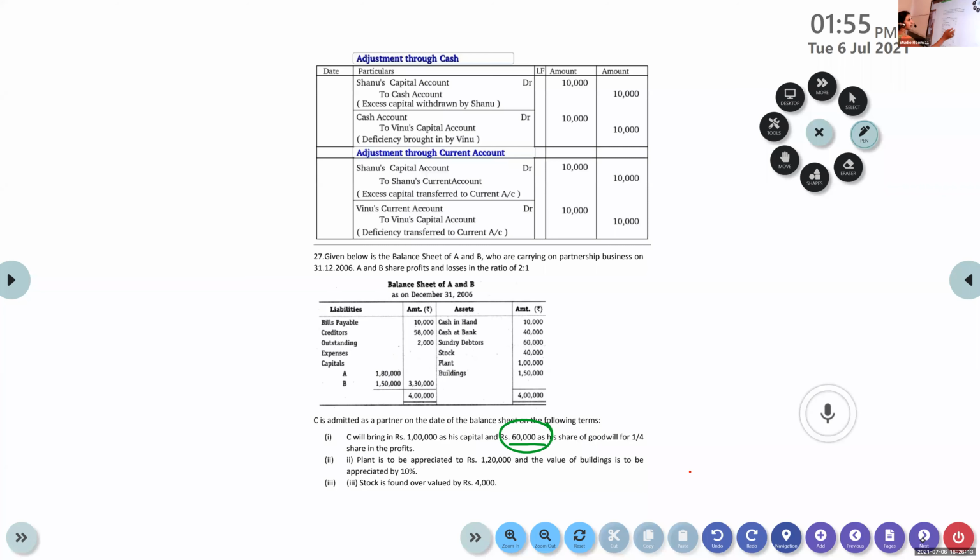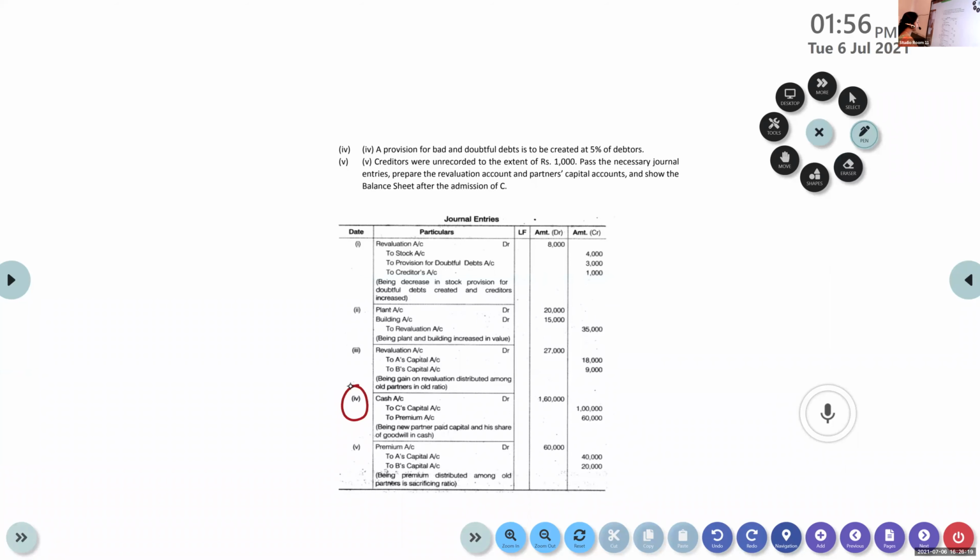Okay, you can write that as the first entry. Cash account debit, he is bringing capital as well as goodwill. So cash account debit 1 lakh 60,000 to C's capital account 1 lakh, to goodwill account or premium account 60,000.